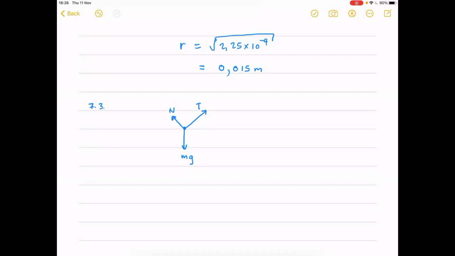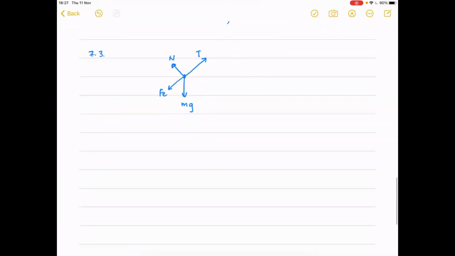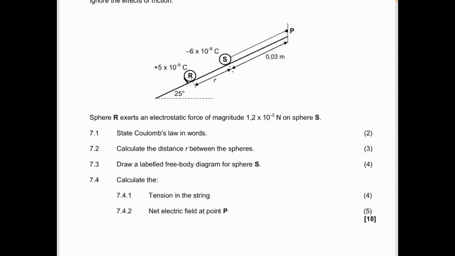Okay, and then there is the electrostatic force F there. Okay, so that is the free body diagram for sphere S. Okay, so we draw the body and we draw all the forces that are acting on it.